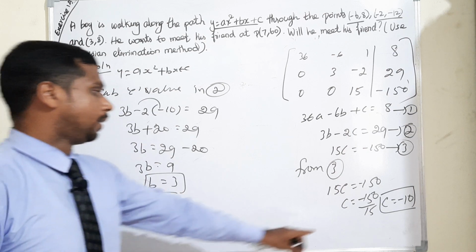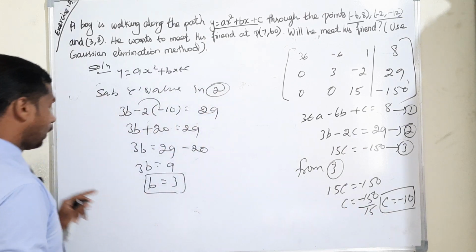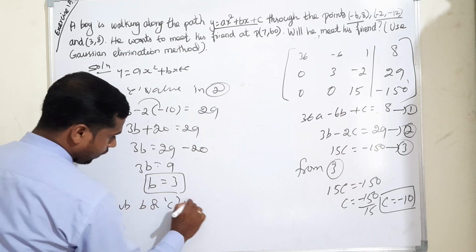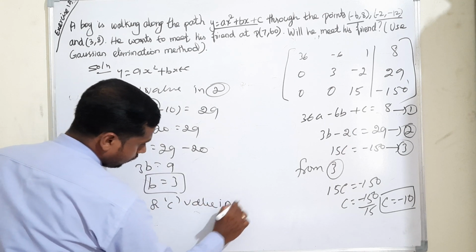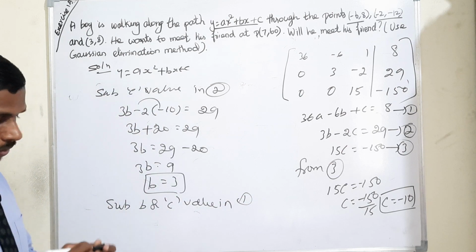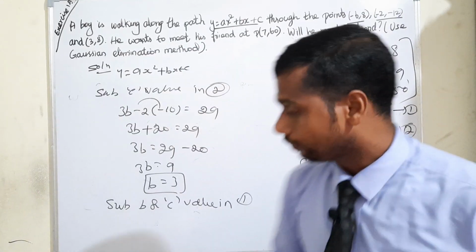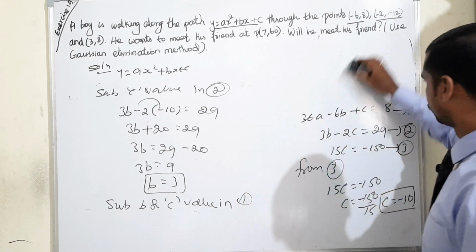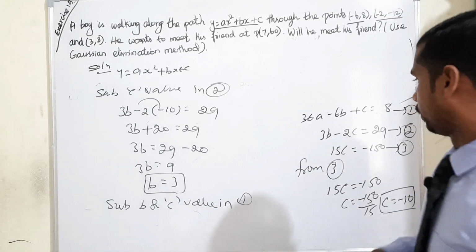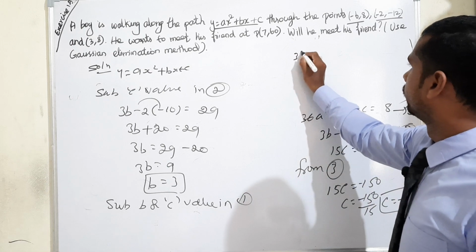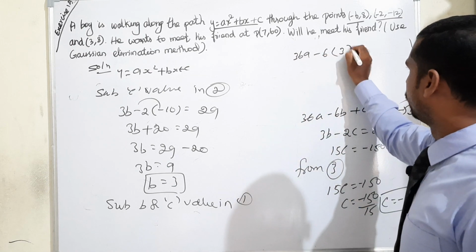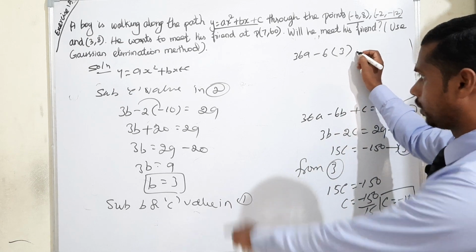Now we found the c value minus 10 and the b value positive 3. Substitute the b and c values in equation number 1. What is the equation? 36a minus 6 into b, where b is 3, and c is equal to minus 10.